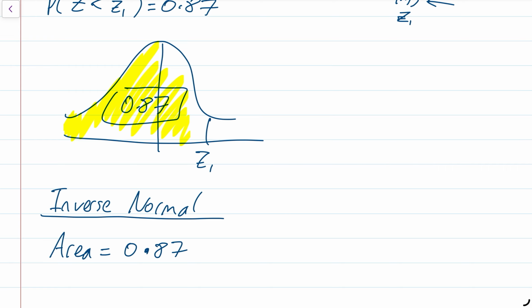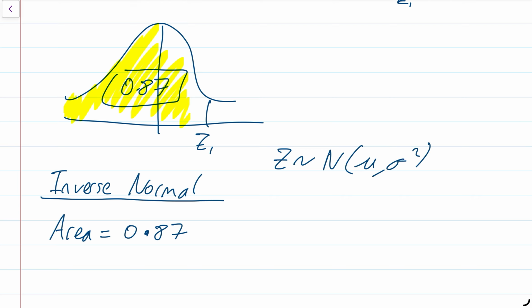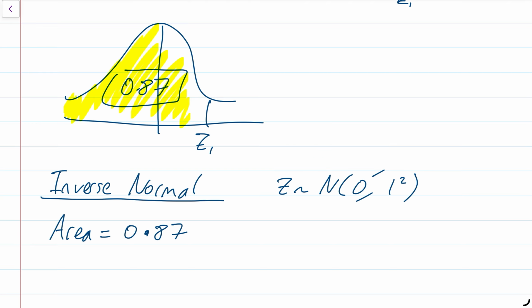0.87, and my sigma, so this is very important. Z is the standardized normal variable and has a mean of 0 and a standard deviation of 1. So that's really what you need to put in: your sigma is 1 and your mu is 0.